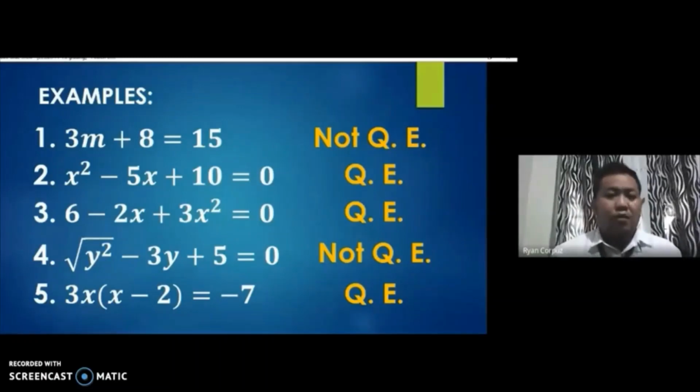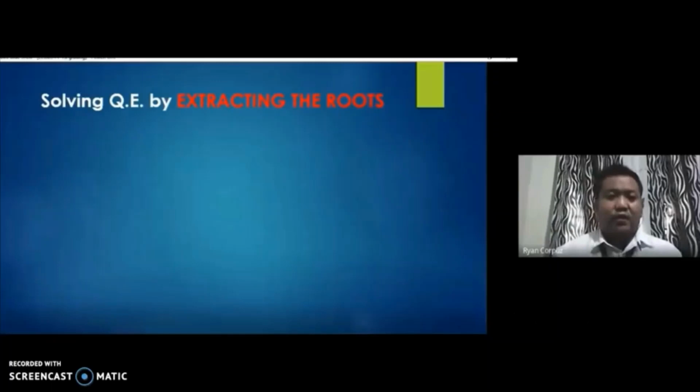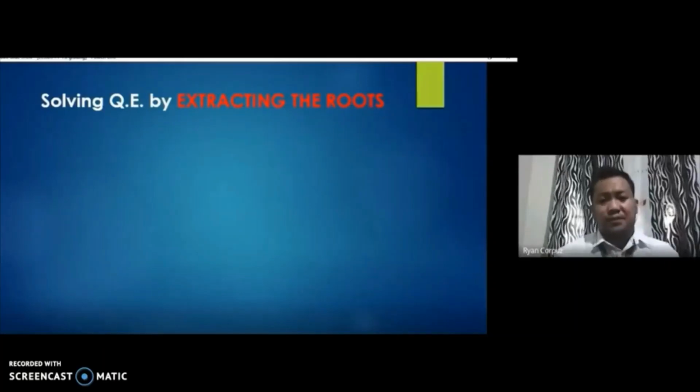So today, we are going to discuss one of the methods: solving a quadratic equation by extracting the roots. How are we going to solve it? We can solve a quadratic equation by extracting the roots by following certain steps.